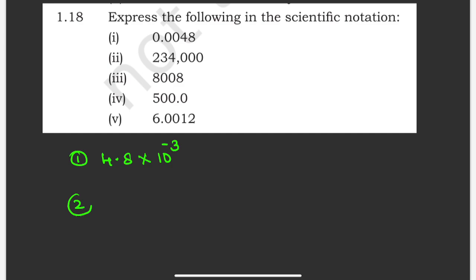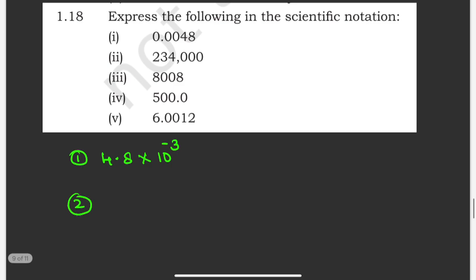Second question. You can see there is no decimal point at all. 234,000. So after the first digit, 2.34000 into 10 to the power of. How many places have I shifted the decimal?